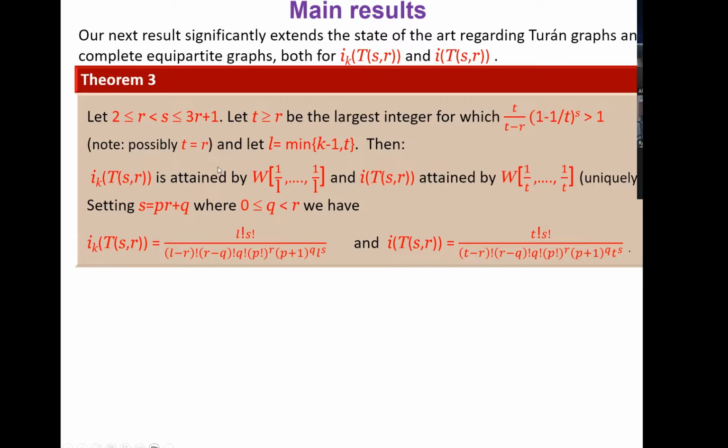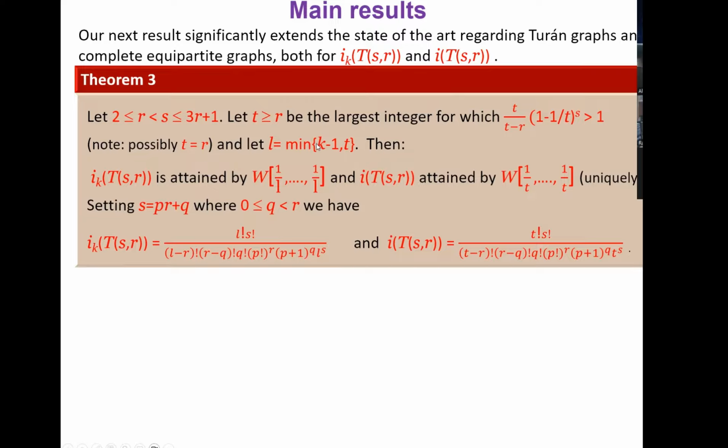So if T is the largest integer which satisfies this condition, possibly it's never satisfied, and then you take T equals R, then the inducibility would be attained by the balanced graphon with T parts, 1 over T, 1 over T, 1 over T. And actually uniquely, no other graphon would attain the inducibility.